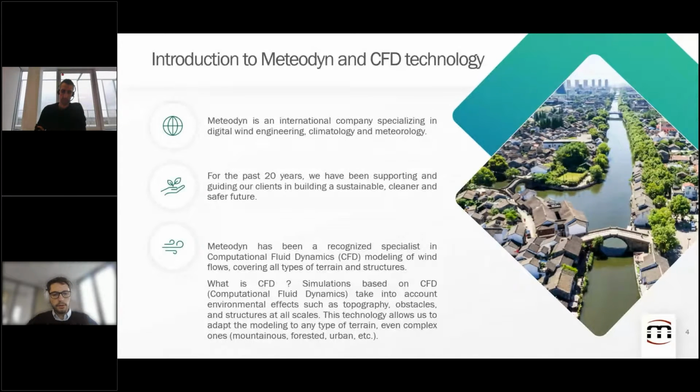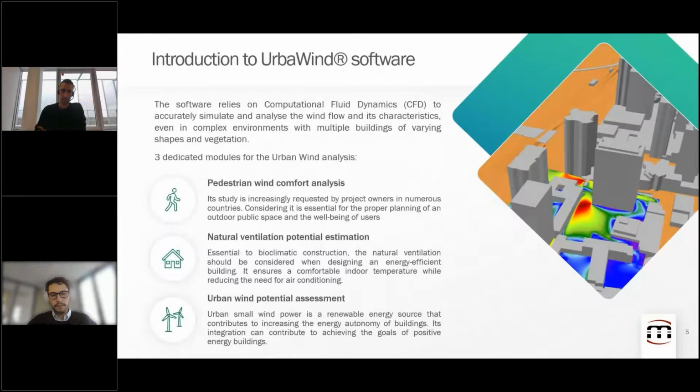On the next slide, we present the three main modules we have in our UrbaWind software. We incorporate the CFD simulation for three major analyses. The first one is designed for the pedestrian wind comfort analysis, especially if you are looking to analyze the impact of the wind on the second floor or on certain areas of your building.